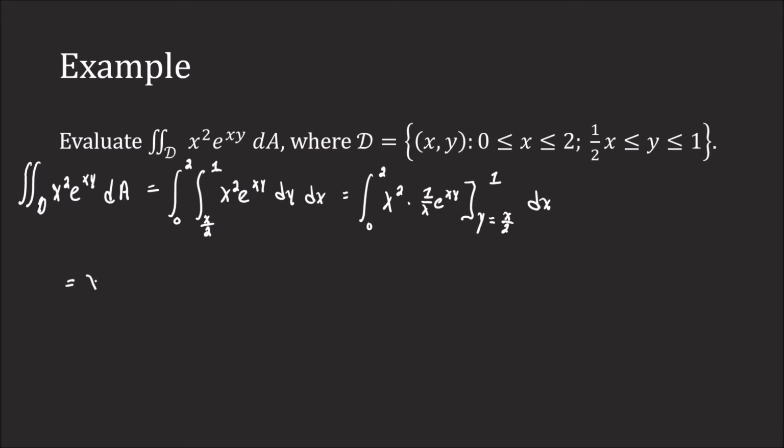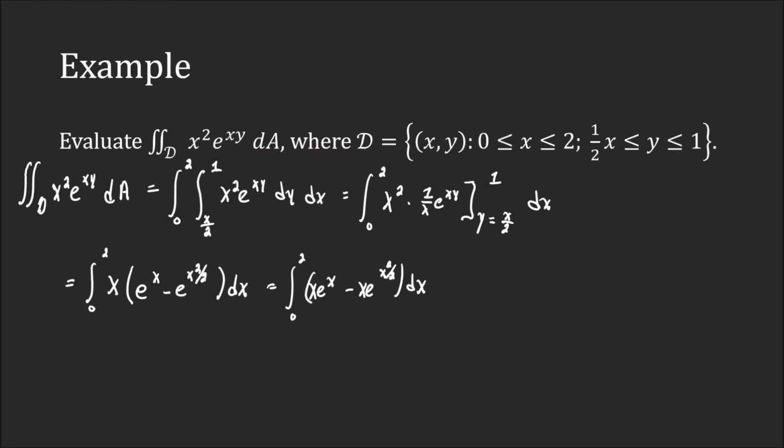So that just simply now becomes the integral from 0 to 2 of x times e to the x minus e to the x squared over 2 dx. If we now distribute that x through, we get the integral from 0 to 2 of x e to the x minus x e to the x squared over 2 dx.